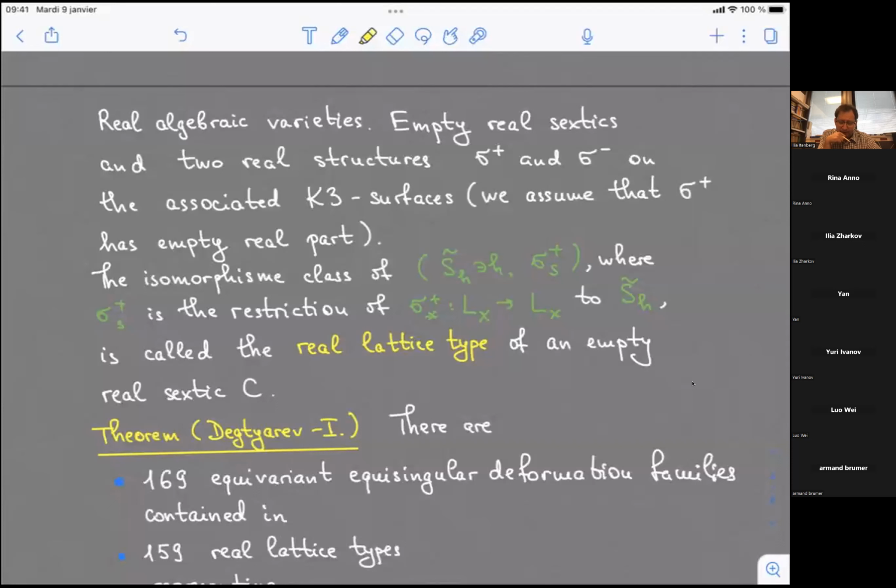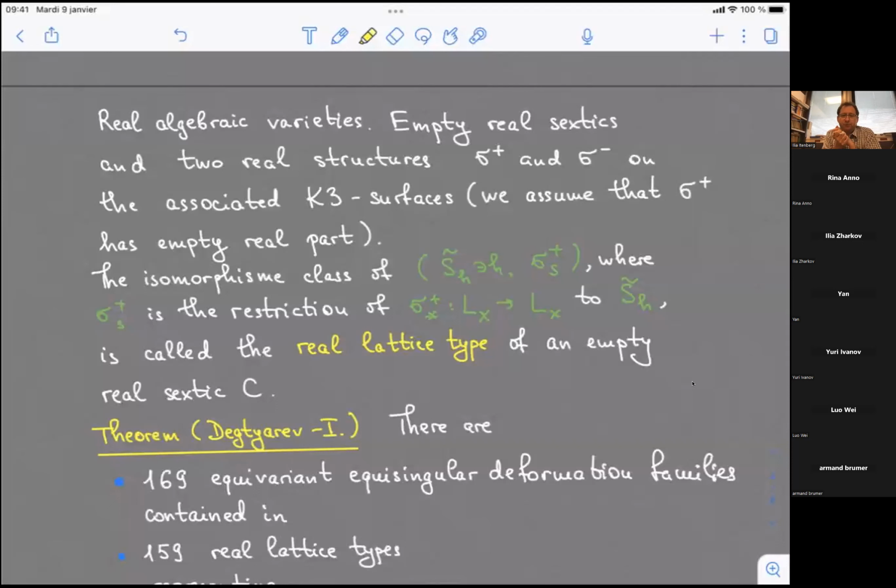And if my real sextic is empty, I can do it. For example, by saying that I prefer the lift such that the obtained involution does not have real points, so has an empty real part. So one of the liftings, in the case of an empty real sextic, will have empty real part, and the other one will have a sphere as the real part.